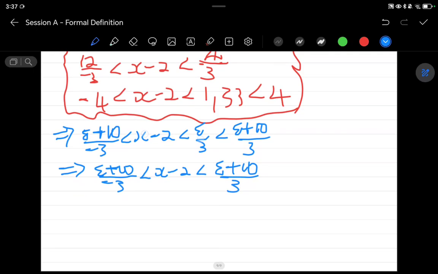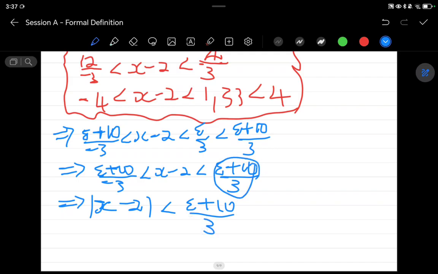And then this will imply that the absolute value of x minus 2 is less than e plus 10 over 3, and then I take the positive one. Since they're the same, they just differ in sign, so the signs are included within these absolute values.